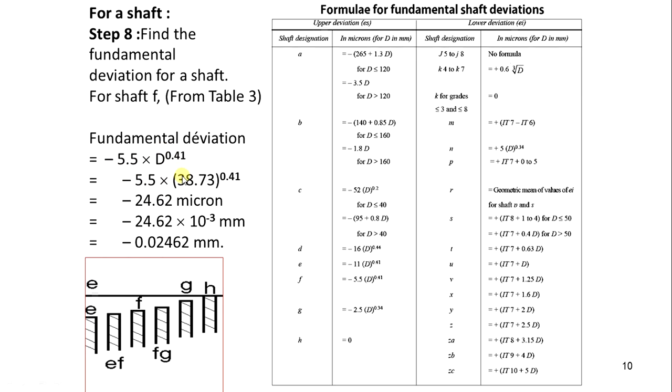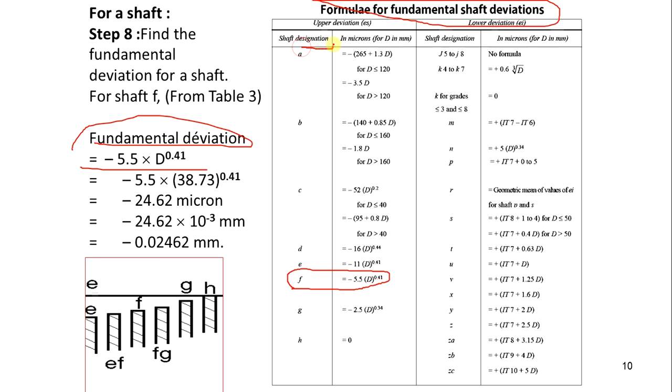We got the fundamental deviation formula, minus 5.5 into D raised to 0.41, from this standard fundamental deviation table for different shafts, starting from A to H and J5 to J8 to ZC. We can get all the values in this fashion.